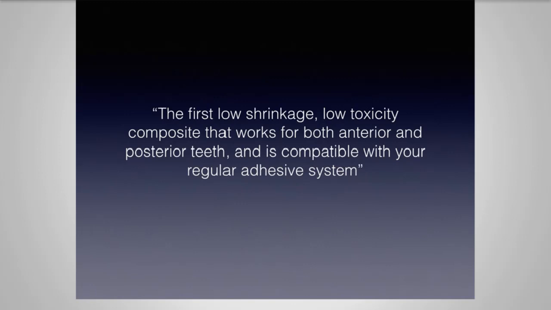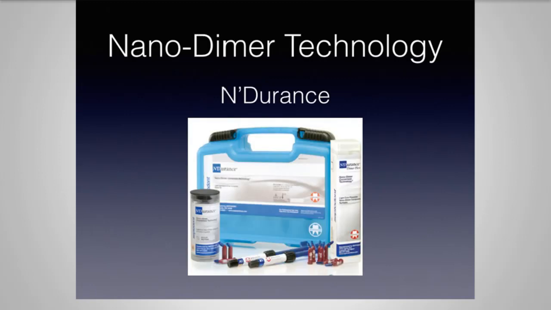Now, to say something like that is rather interesting because most of the companies out there, you need to use their bonding system with their composite. They formulate it as such. For a company to come out and tell you that you can use their composite material with any of your regular adhesive systems is rather gutsy. But in this situation, it works.